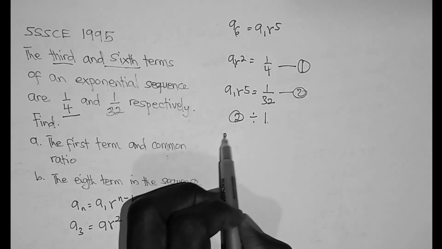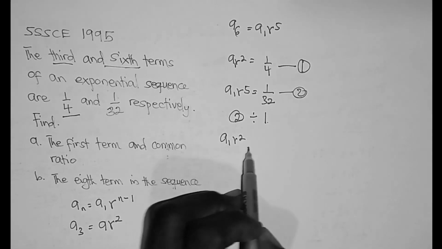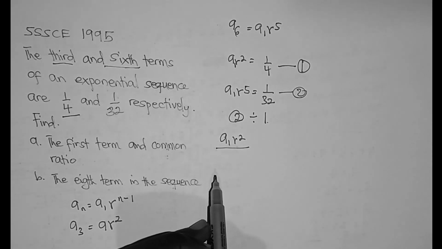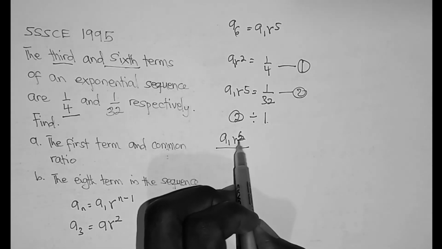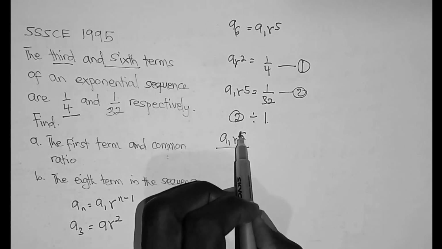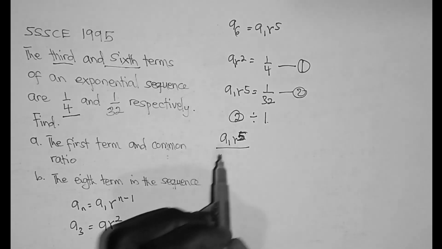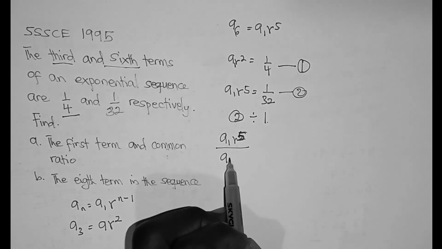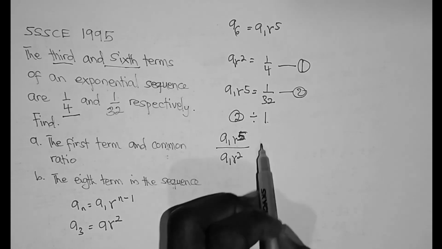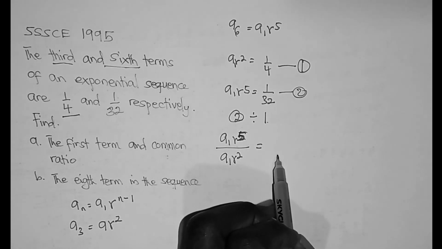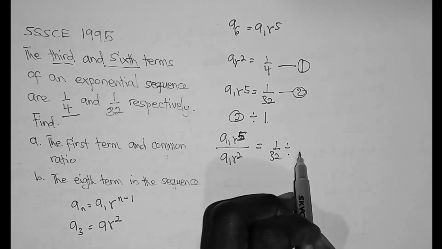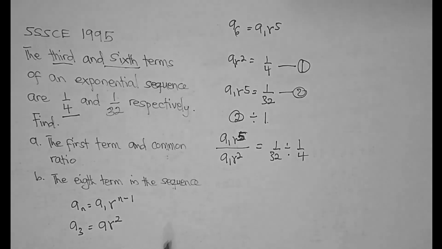So this becomes a1 r exponent 5 divided by a1 r exponent 2 equals 1 over 32 divided by 1 over 4.